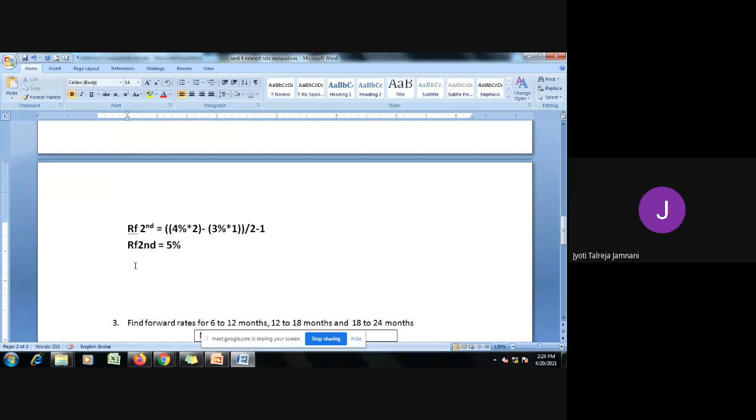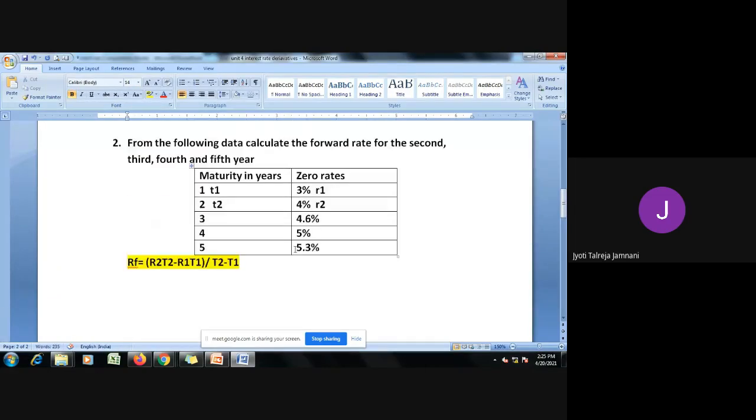Okay, similarly, now we'll do RF for third year. Third year will become T2 and second year will become T1. Same way, third year will become R2 and second year will become R1.